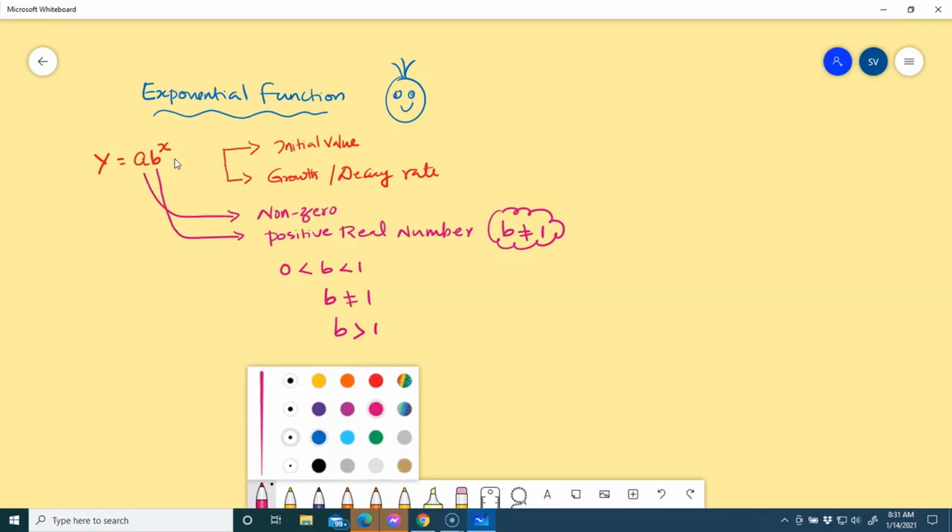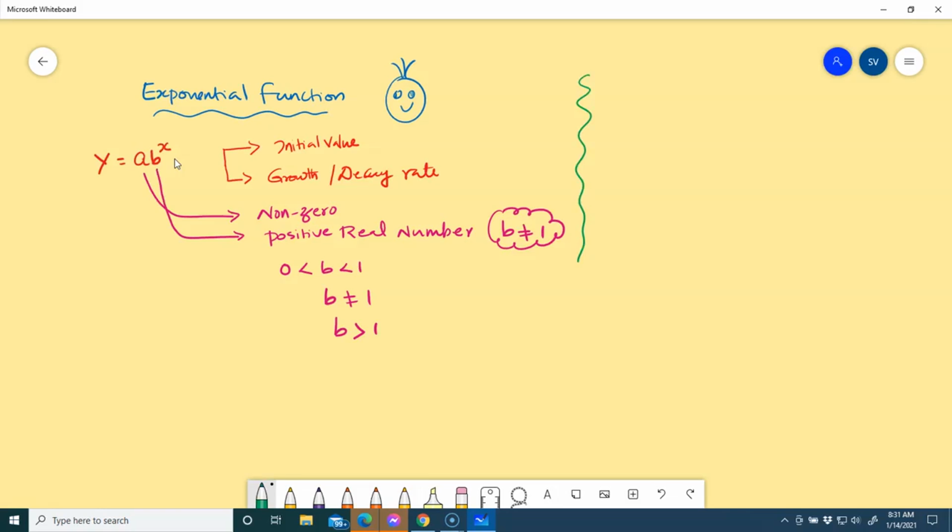Depending on the value of b, we can change the name of the function. If b is greater than 1, specifically greater than 1, we would say this function grows at a rate proportional to its size.